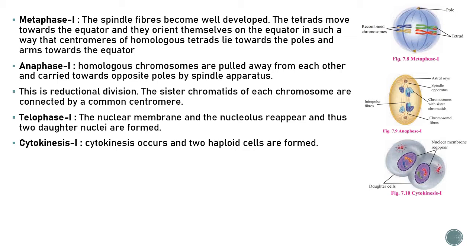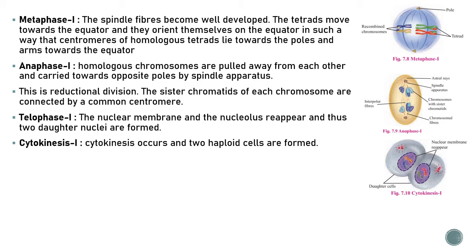The next phase is telophase-I. The haploid number of chromosomes, after reaching their respective poles, become uncoiled and elongated. You can see the diagram.